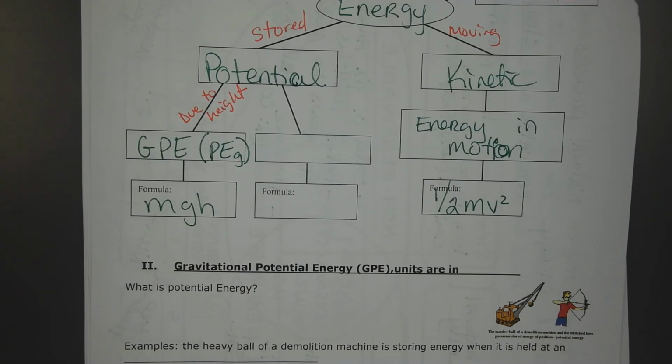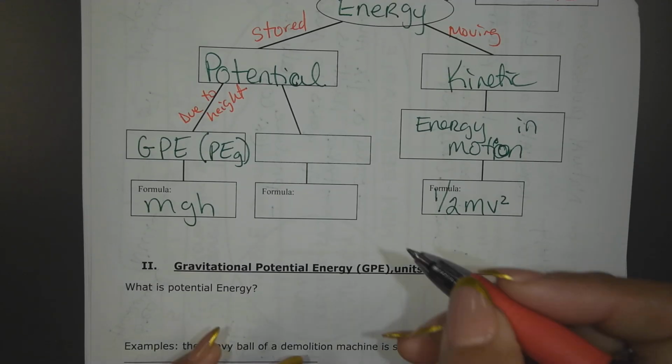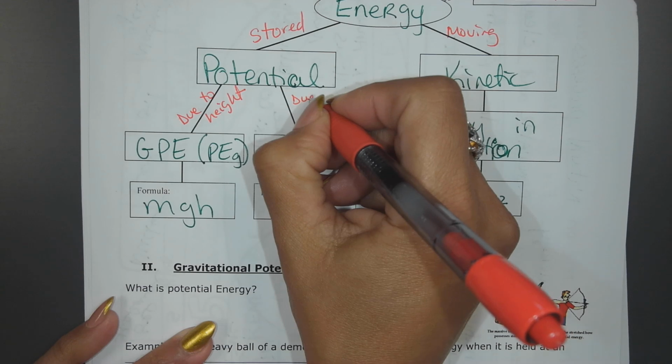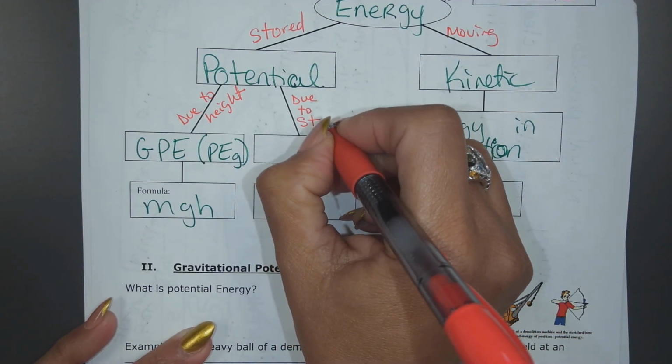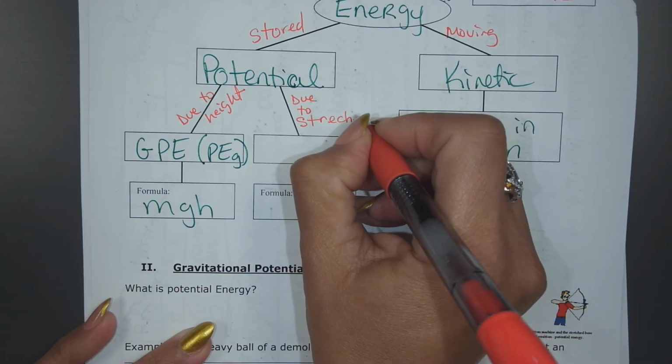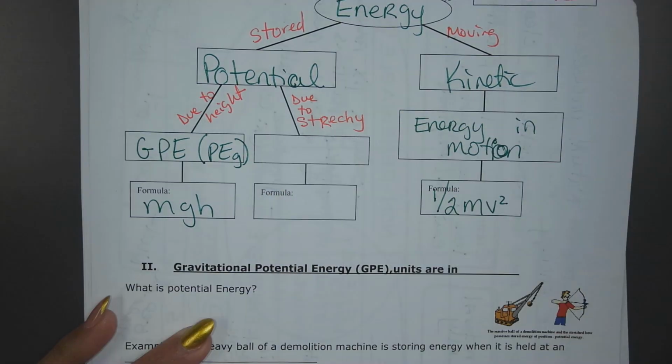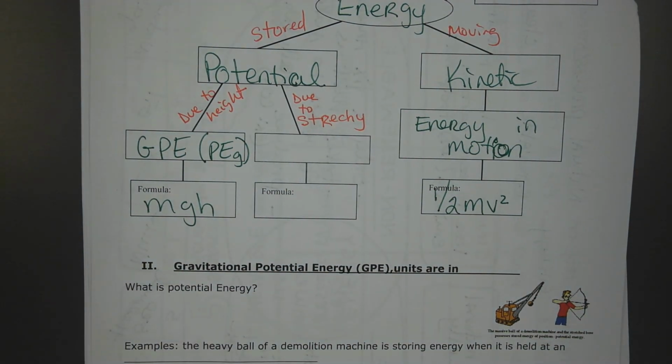This one over here, which is our new one, is going to be due to stretchy. Due to stretchiness, due to stretchy. What do you mean, Miss Munson? Wait a minute, did I misspell it? Did I miss an A? Is there an A on there?